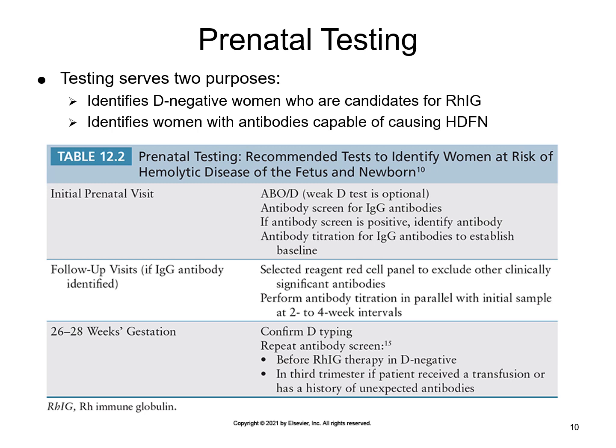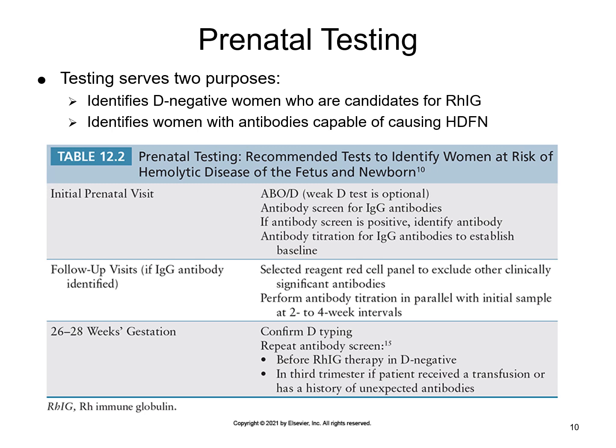So you do those antibody titers as well as the ones from the initial sample, as well as whatever you collect at about 2 to 4 week intervals. If you see that increase taking place, then you might have to intervene with certain procedures for that infant.